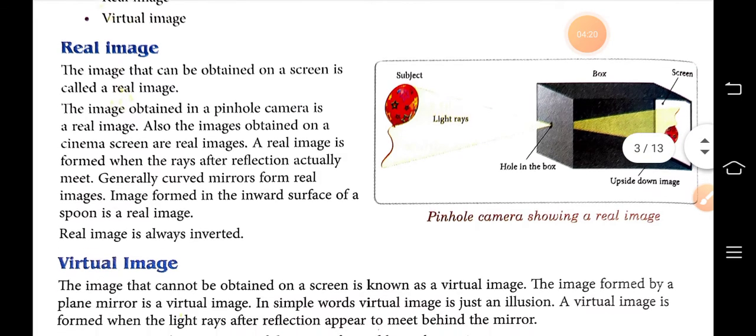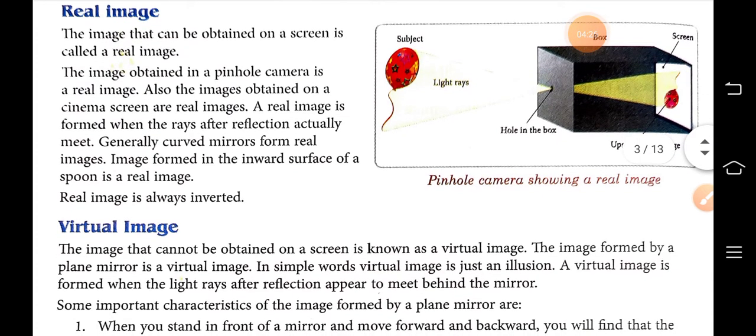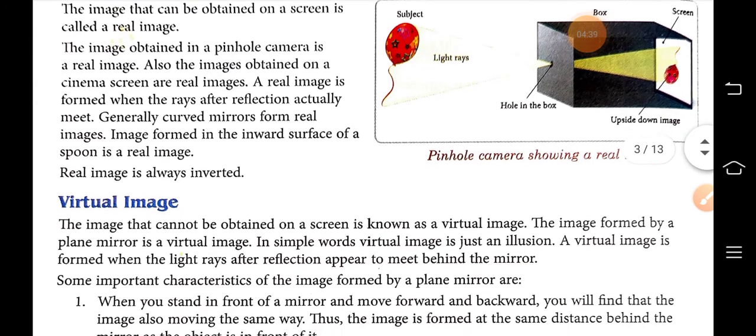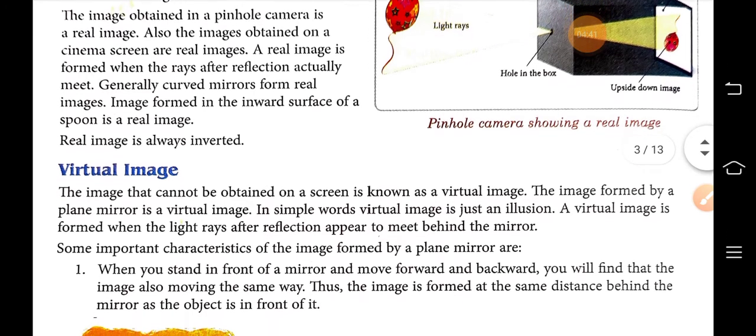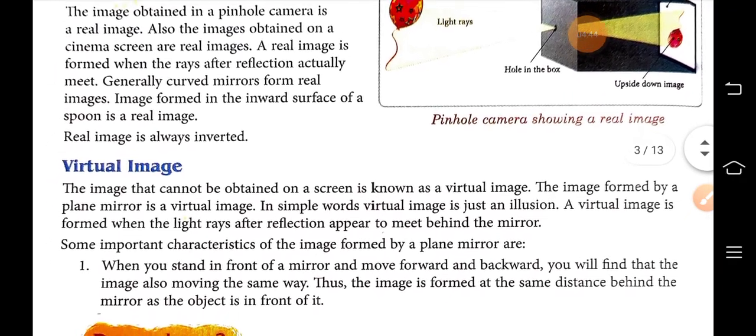Here, the real image is formed when the rays actually meet. Generally, curved mirrors form a real image, and it is upside down. That means a real image is always inverted.